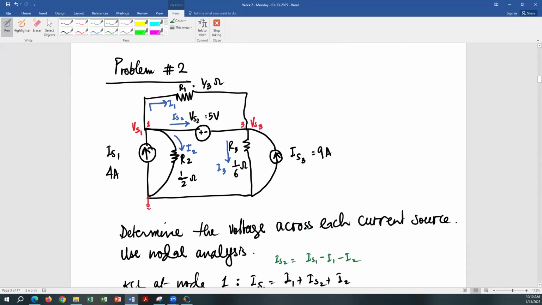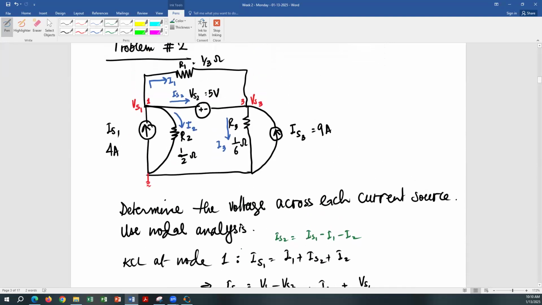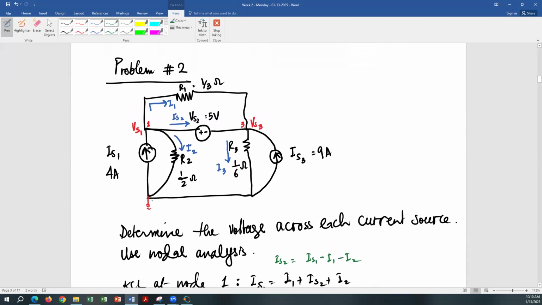What it says is, at node 1, write down the equation ignoring Is2. So we have Is1 going towards, and I1 and I2 going away. So Is1 minus I1 minus I2 on one side of the equation.